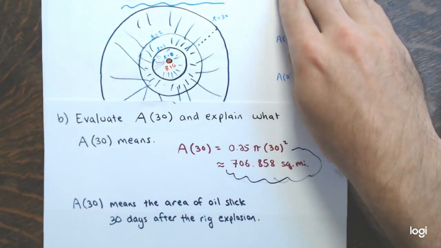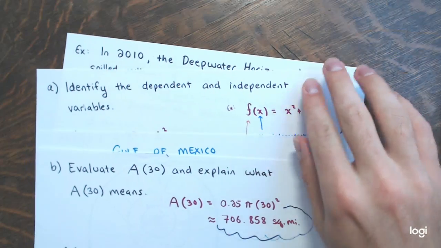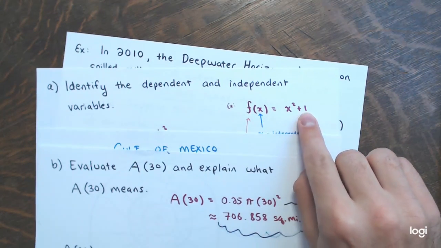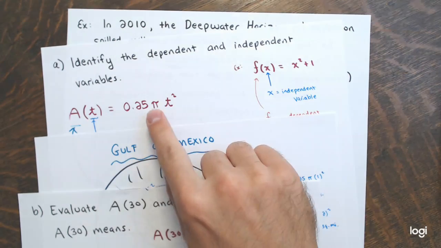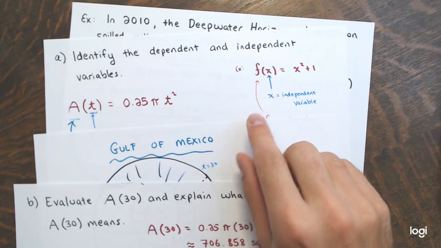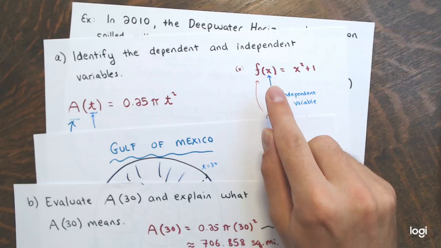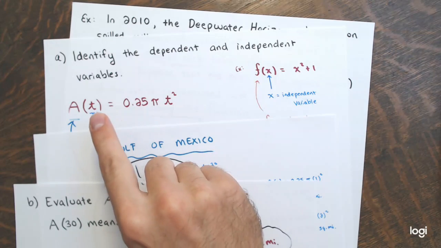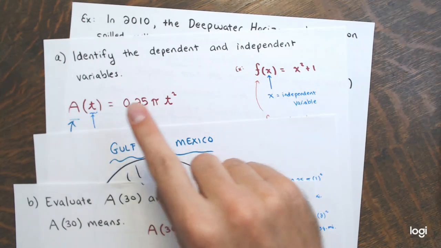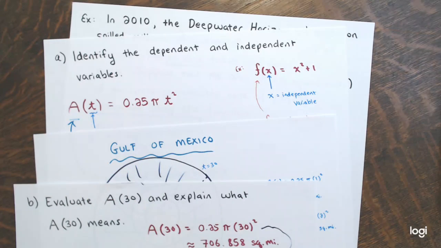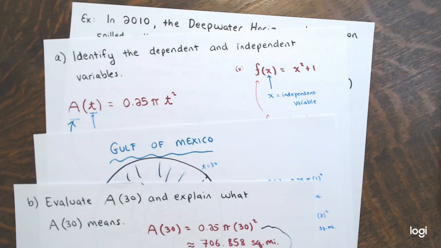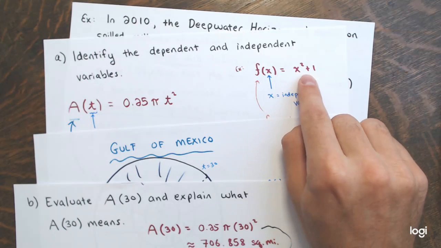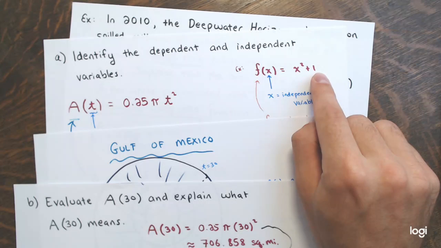When you're given a function, like my one back here, f of x equals x squared plus 1, or this, A of t equals 0.25 pi t squared, remember the input is your independent variable, the variable in the parentheses after the name of the function, and usually the name of the function represents the dependent variable, the little f, the capital A. And just remember what you're doing on the other side is simply calculating an output.